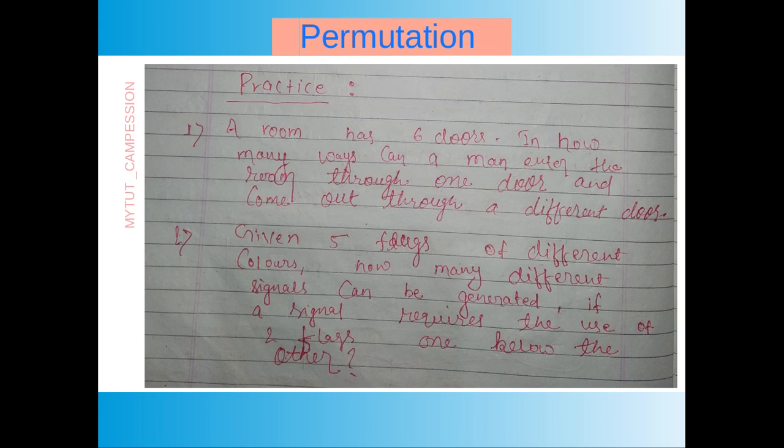So to complete the task of entering and coming out of the room, when you complete both, then the task is going to be completed. So you can apply the fundamental principle of multiplication here. So the total required number of ways equals 6 into 5.